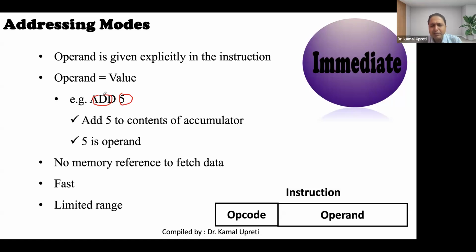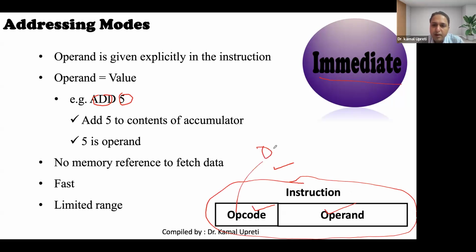Please understand, there are multiple types of addressing modes existing. The first is the immediate addressing mode. Because while we are storing data inside the instructions, there are two things, called the OP code and the operand. OP stands for operation, and code stands for code.